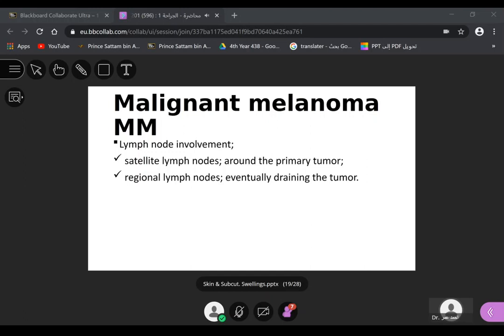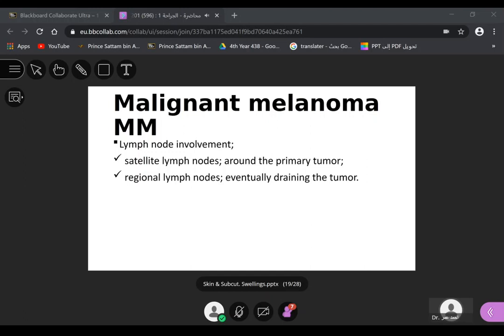Named as satellite nodules. They are not the formal lymph nodes draining the tumor. So these are known as satellite nodules, which are found around the primary tumors.